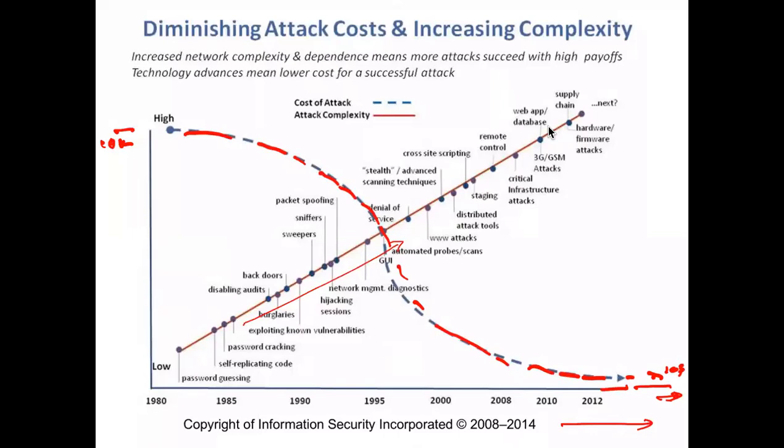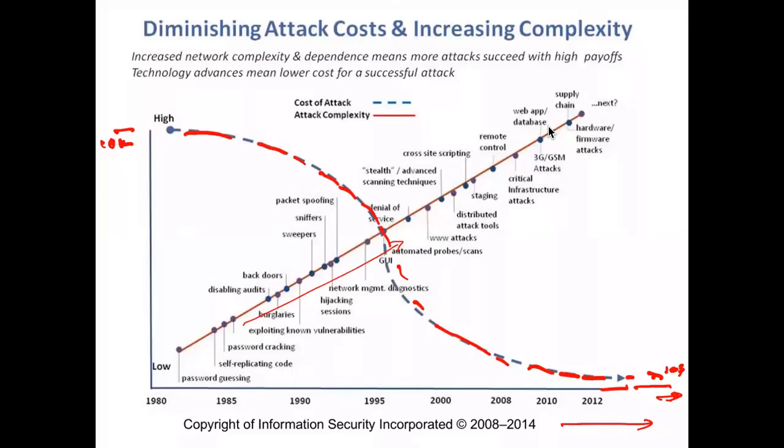So computing is cheaper, attack is also becoming cheaper, and hacking technology is also improving. So the cost of attack is reducing. Now today you don't need to be an expert to hack a system or make an attack.